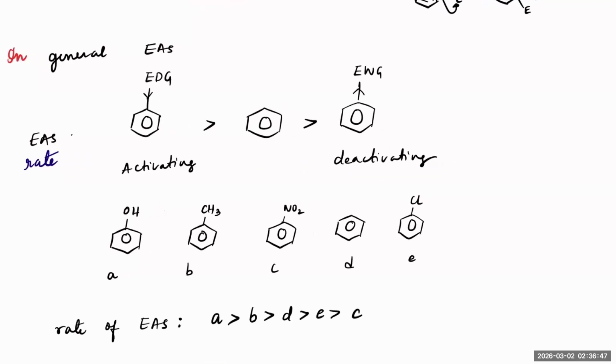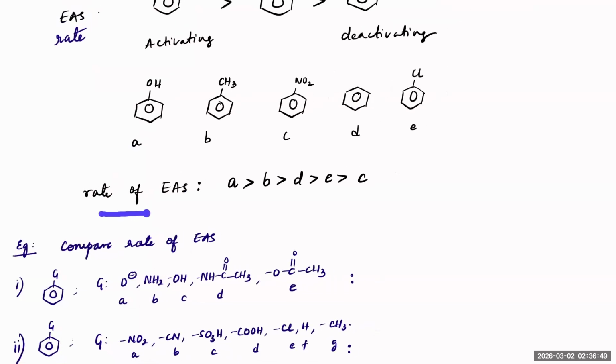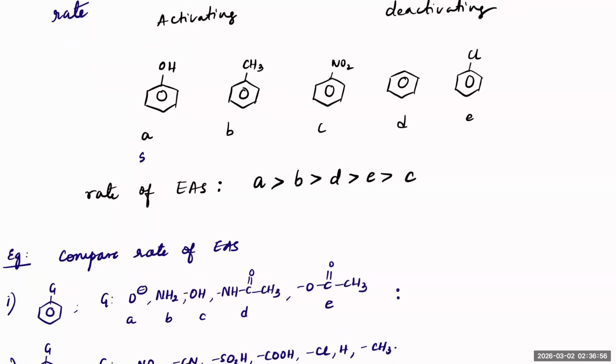If you compare, for example, here A, B, C, D, E, OH is a strongly activating group. CH3 is a weakly activating group. NO2 is a strongly deactivating group. Only benzene has no effect, and this is a weakly deactivating group.